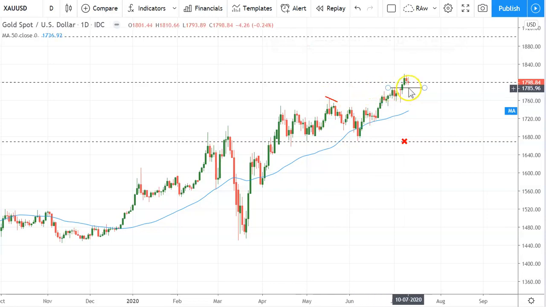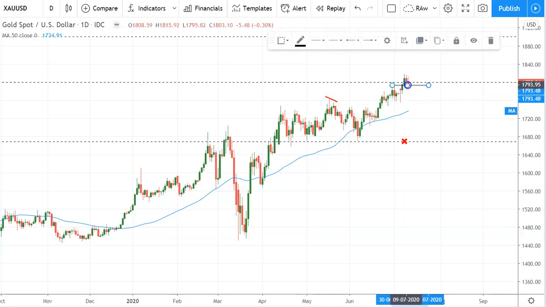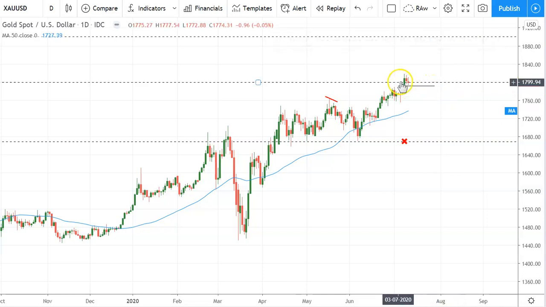But the way I'm going to play it is that every time it breaks 1800, I'm going to add, and I've got a pending order sitting under here. So if we get a decent pullback, I'm not going to just keep adding and adding and adding, but at the moment I've got a hedge in here, and I know if you live in the States you can't do that.